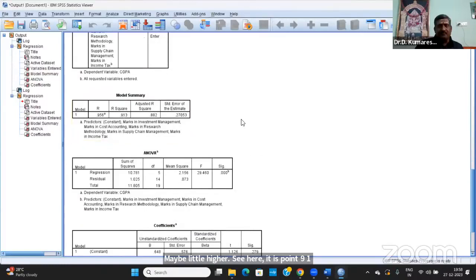That means the predictors, the 5 independent variables, have jointly influenced the CGPA to the extent of 91.3%, because the R square value is 0.913. Look at the predictors. Apart from the 5 marks, a constant is also included.